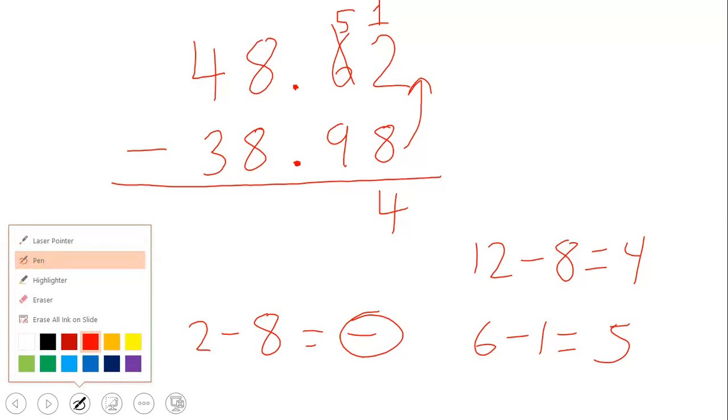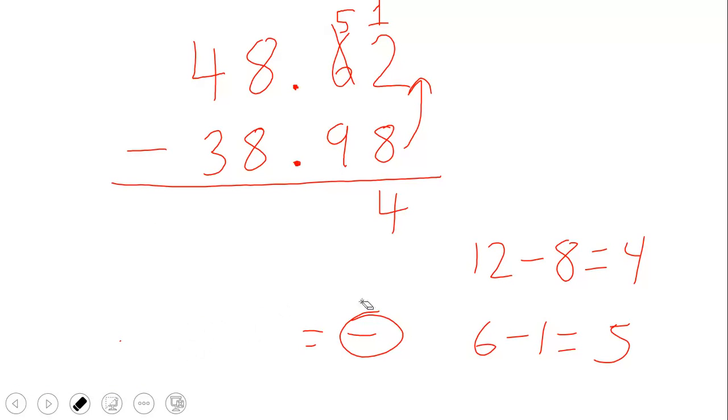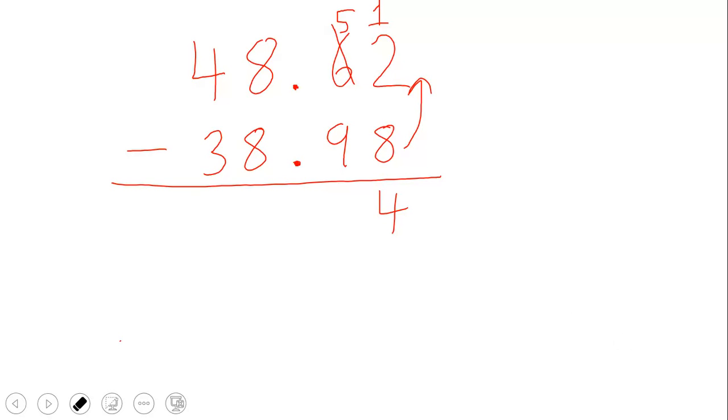Good. Let us consider the next column, the tens column. In the tens column, we have 5 minus 9. 5 minus 9 is going to yield a negative number. So we go to our neighbor, and we say 8 minus 1. 8 minus 1 is 7.